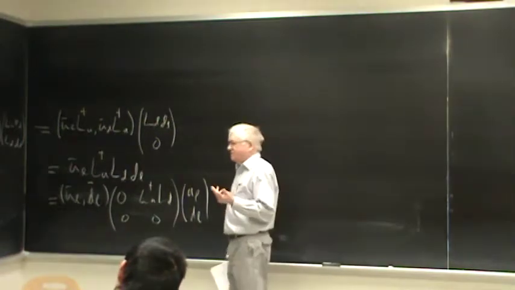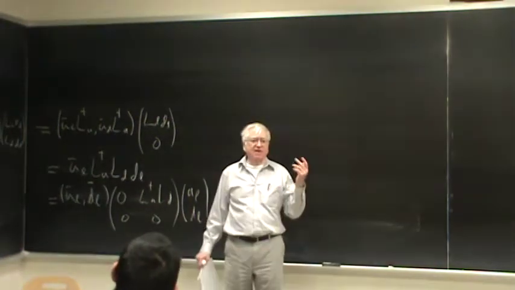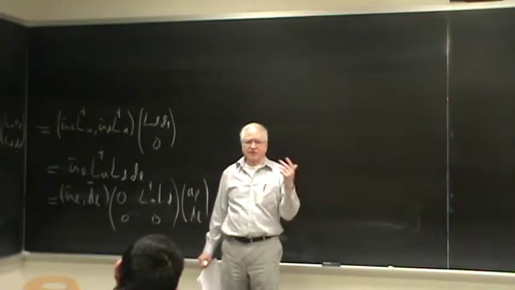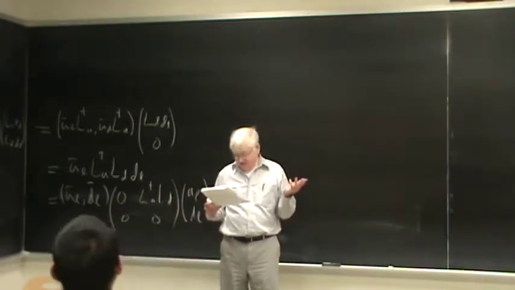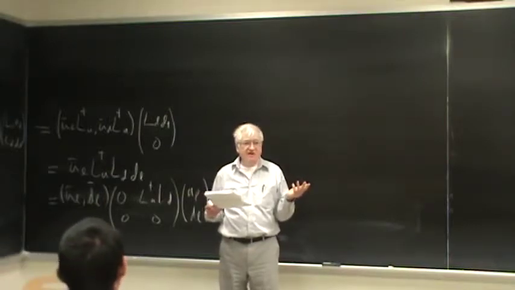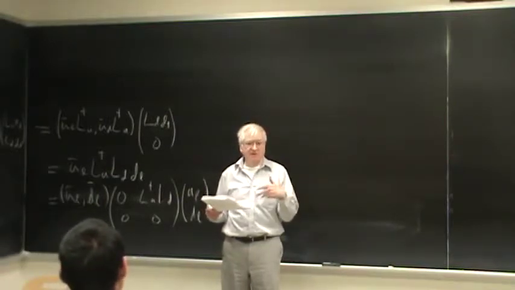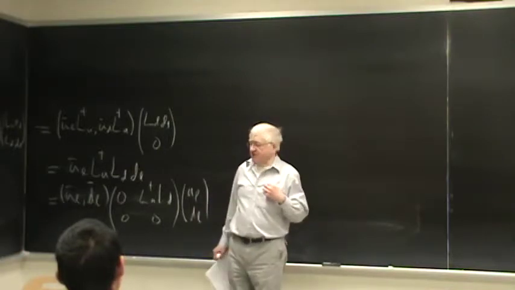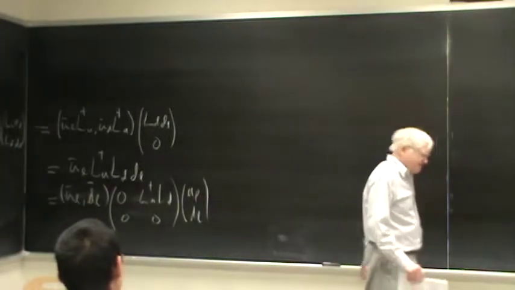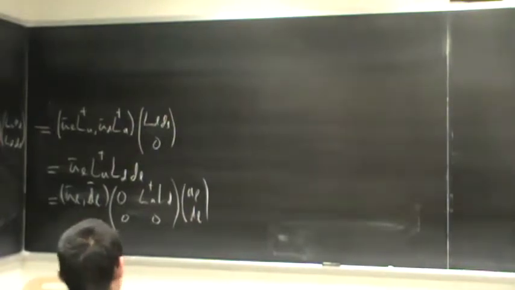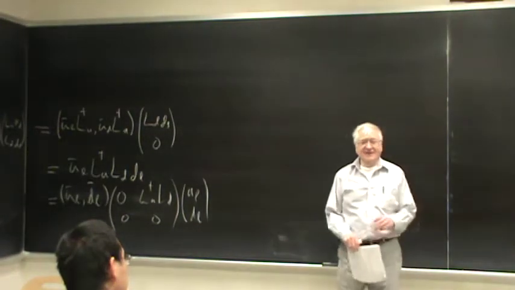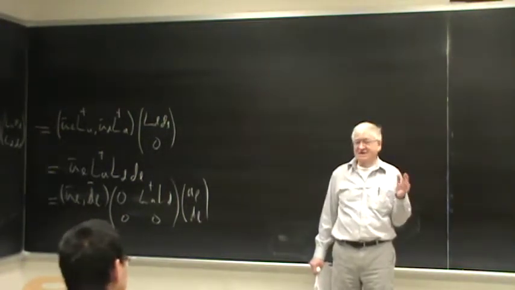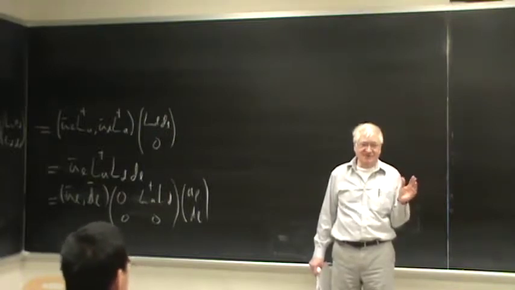3x3 matrix we have a certain amount of freedom because we can always multiply a field by an arbitrary phase and redefine the field. So we have 6 quark fields, so we have 6 phases that we can eliminate. And the insight, which was back in something like 1976, how it is that something this simple didn't dawn on anybody until then, I don't know. But actually, most of the best ideas in physics are very simple.